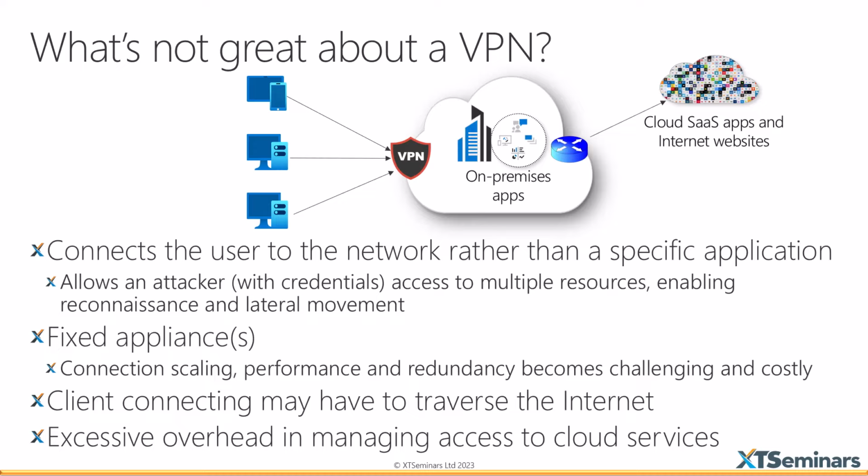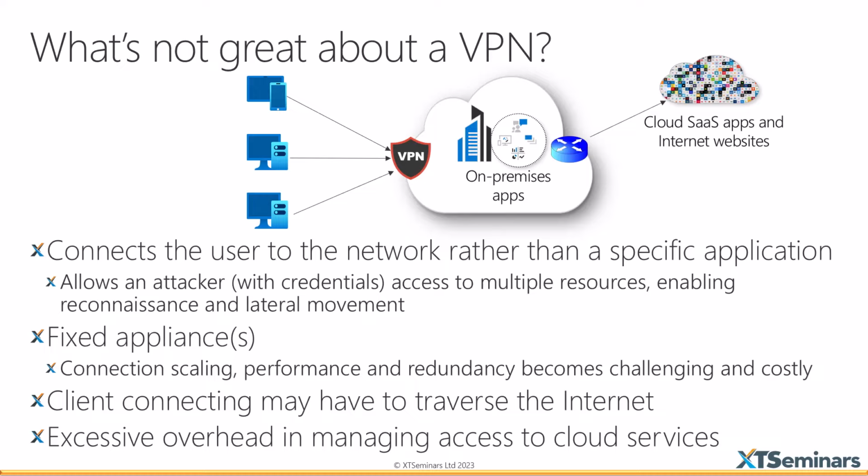I haven't put with compromised credentials in there, because a huge number of attackers are coming from our internal people with credentials. Once they're coming on the VPN, they have access to multiple resources. They're on the network. They can do reconnaissance. They can do lateral movement.